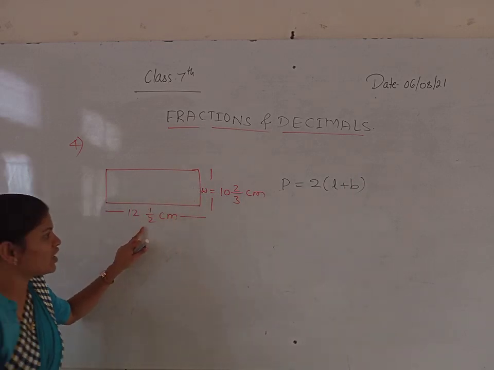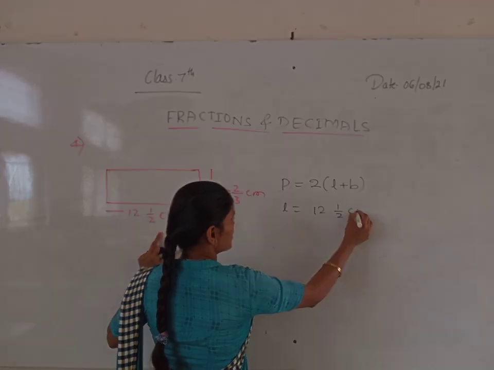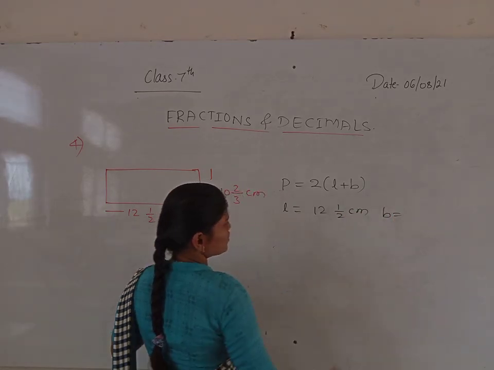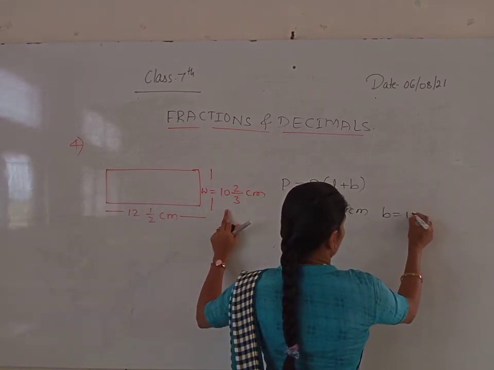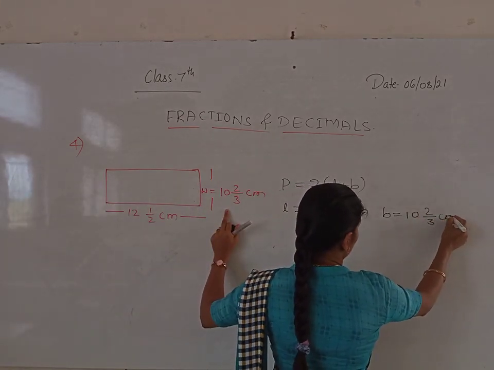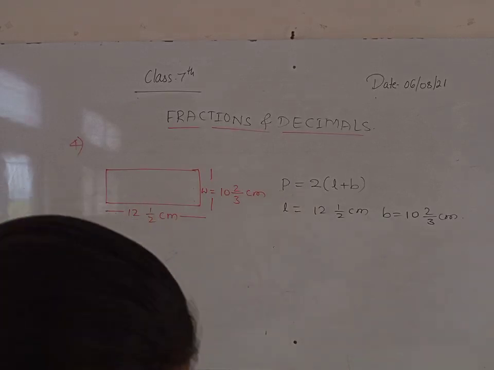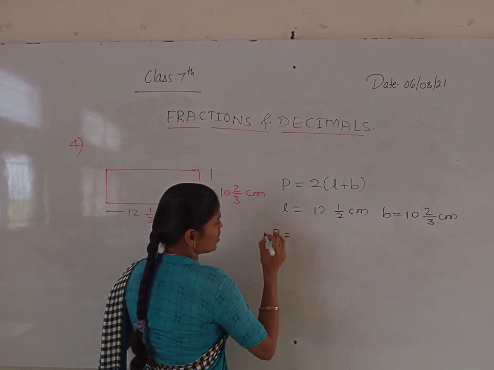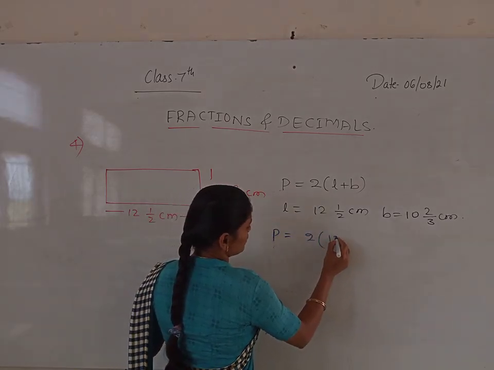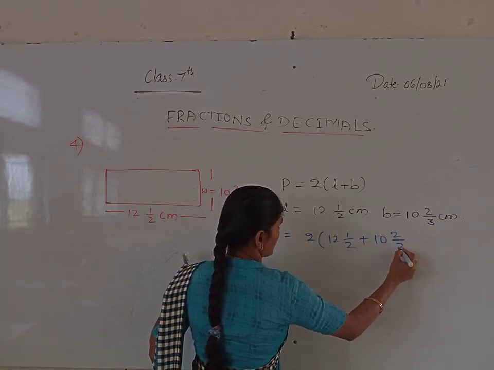The length is 12 integer 1 by 2 centimeter and the breadth of the rectangle is 10 integer 2 by 3 centimeter. Apply the formula: 2 into (12 integer 1 by 2 plus 10 integer 2 by 3).